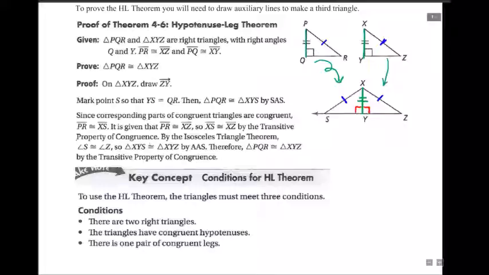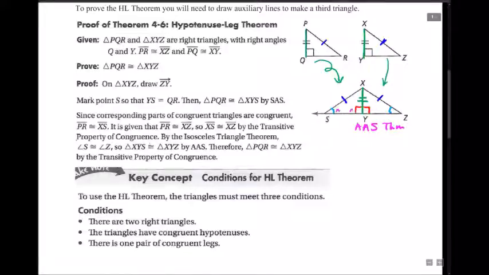And if we have an isosceles triangle, what are we allowed to do? We are allowed to mark these two angles congruent. And we know that right angles are always congruent. So we are going to end up with the angle, angle, side theorem. Right?